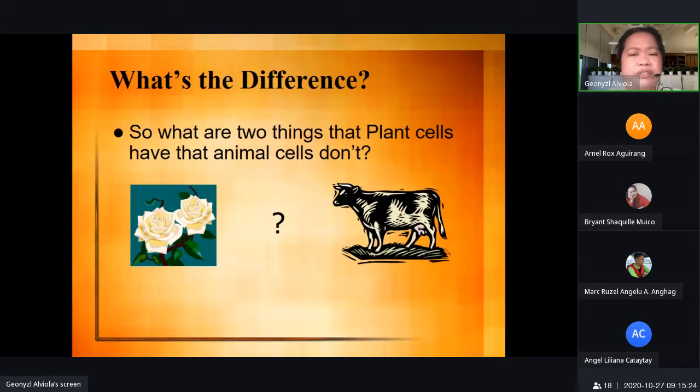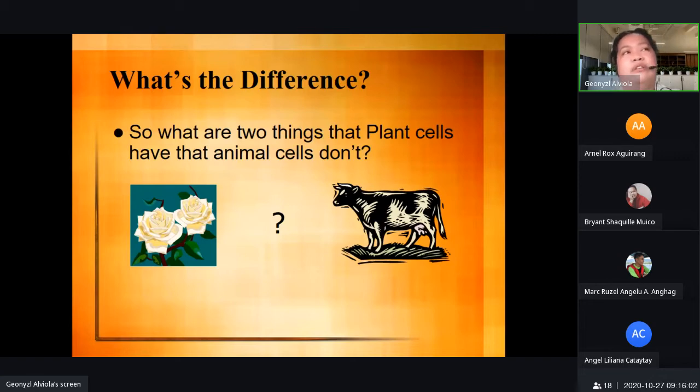What are the differences between plants and animals in terms of cell structure? If you recall, animals don't have a cell wall. Plants do. At the same time, protozoans have all the membrane-bound organelles, except that plants don't have peroxisomes.